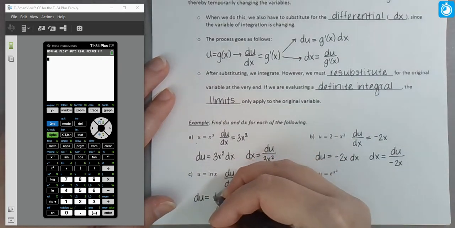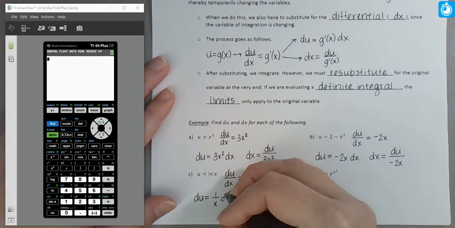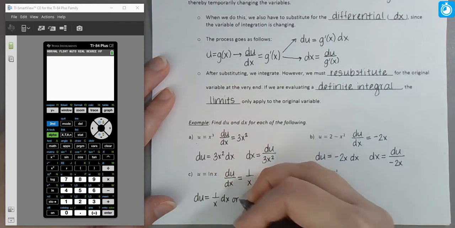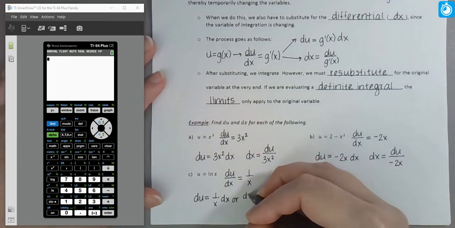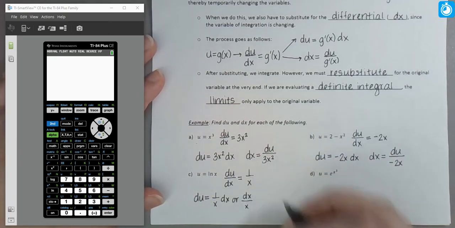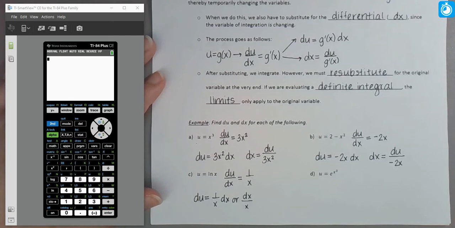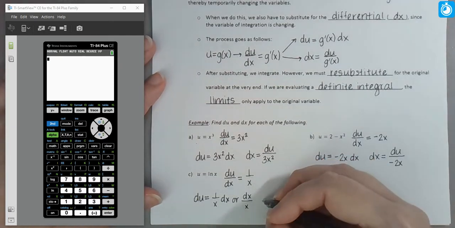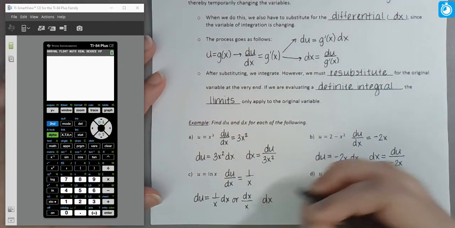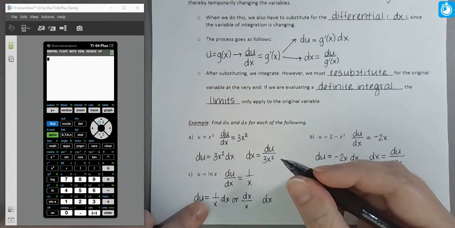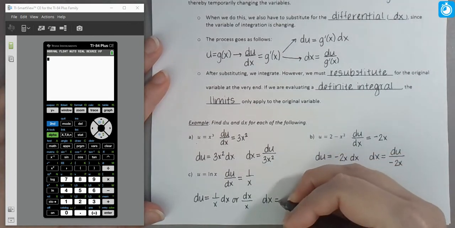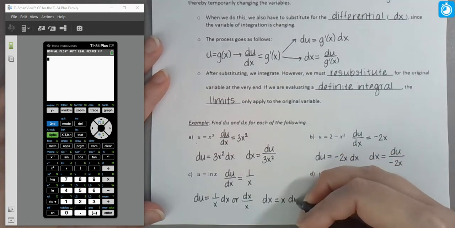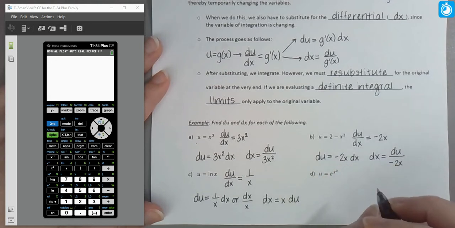So we can either write that as 1 over x dx, or we could think of dx as just going into the numerator, and we could also write it as dx over x. That would also be another way to write it. Okay, and then if we want the differential dx in terms of du, we multiply both sides by that x, move it over. So dx is equal to x du.